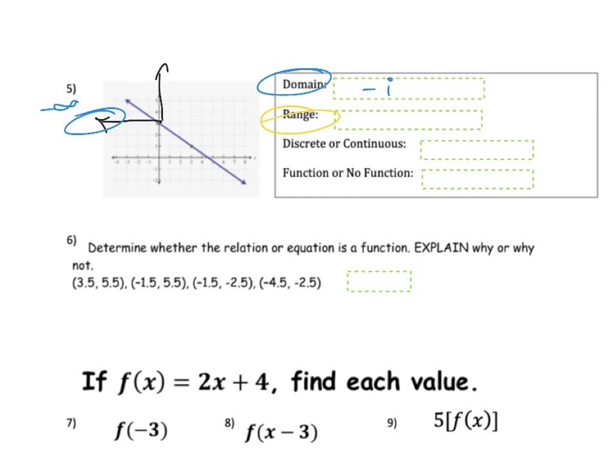Because this same arrow, since it's diagonal, is moving to the left forever, but it's also moving up at the same time. So that part of the range, that high point, is going to be a positive infinity. It's moving to the left, which applies to the domain, so that's going to be a negative infinity. It's also moving up at the same time, so we know that our range is going to involve a positive infinity.